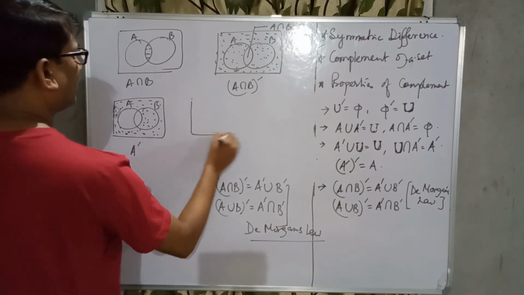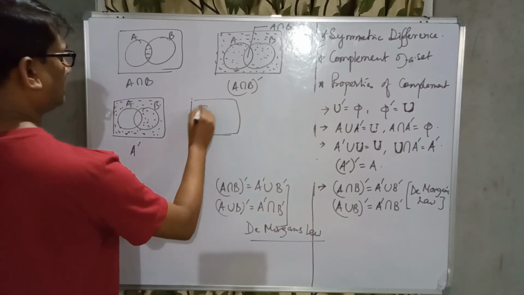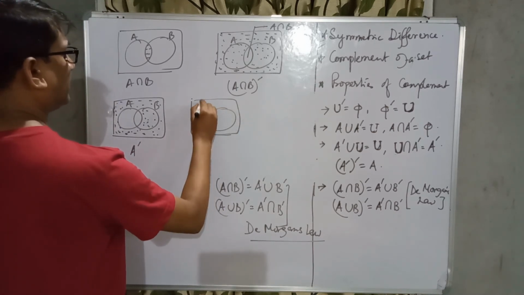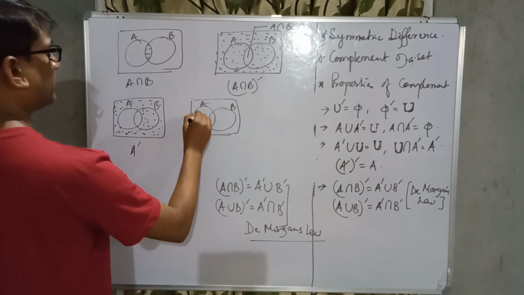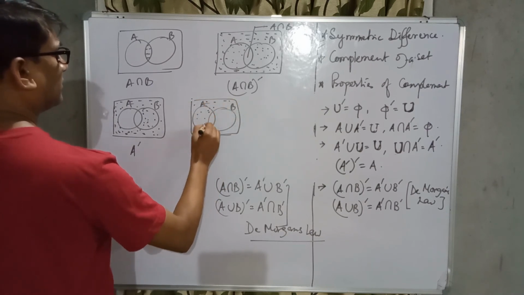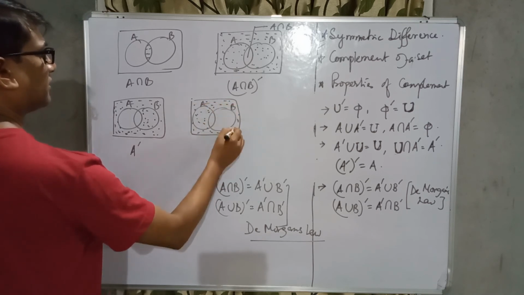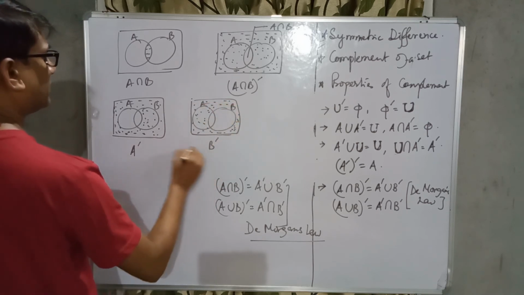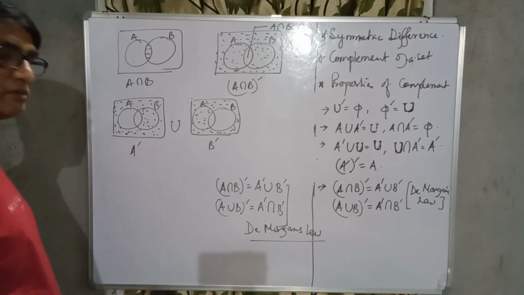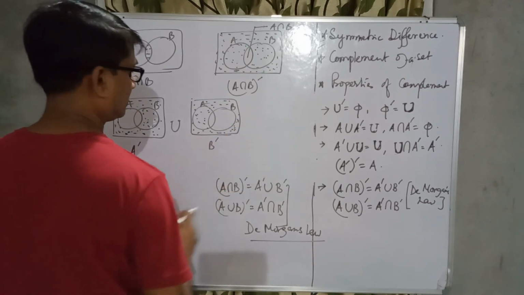Which is B complement? It belongs to the universal set but does not belong to B. This part is B complement.